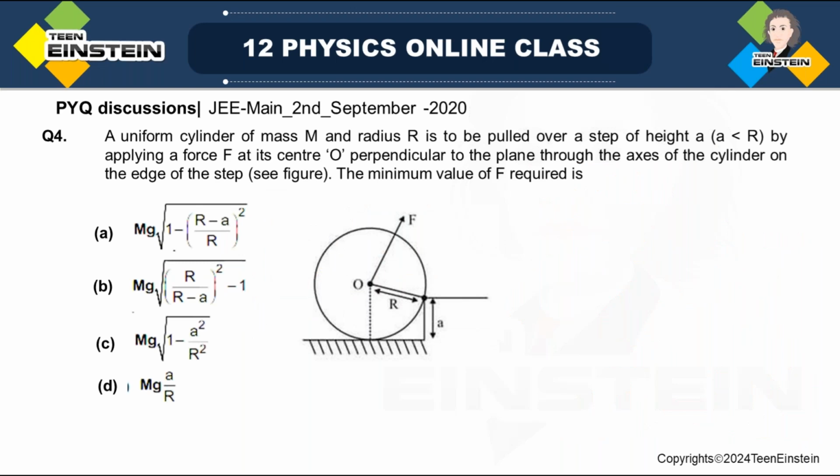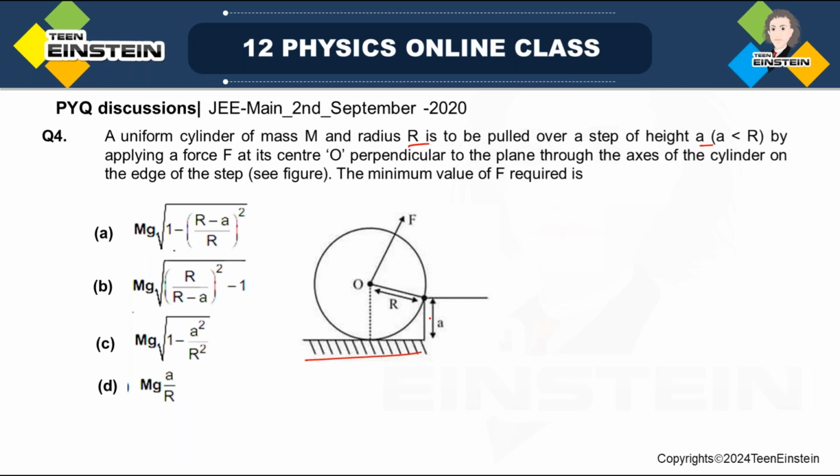So this is the fourth problem. This problem says a uniform cylinder of mass m and radius capital R is to be pulled over a step of height a.